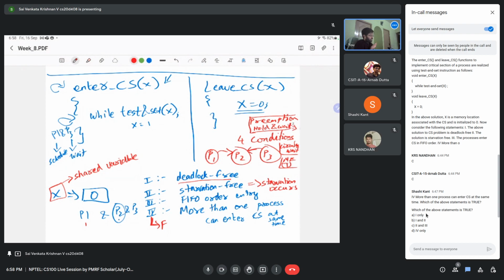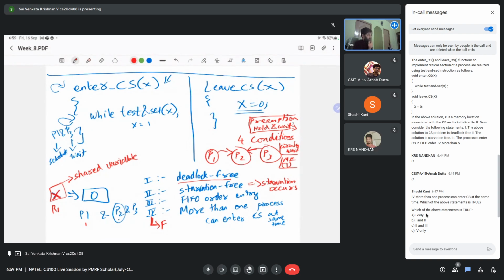Once you hold this, there's only one resource that is shared, assuming that the critical section does not have any other resources. We just assume the only resource, say R1, is this variable X, which all the processes are contending for to enter the critical section. So circular wait is not there because there's just a single instance.